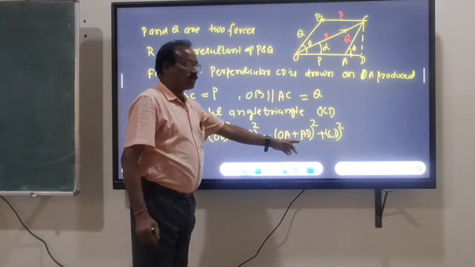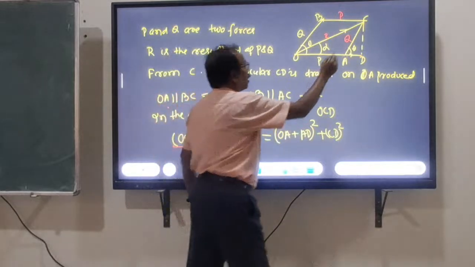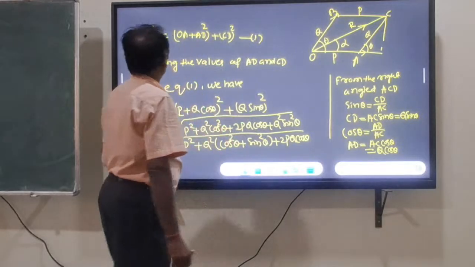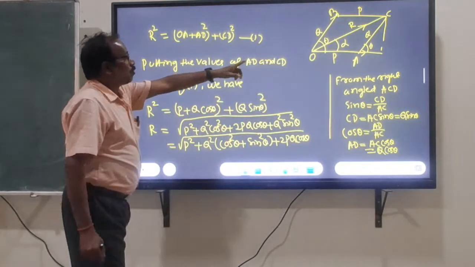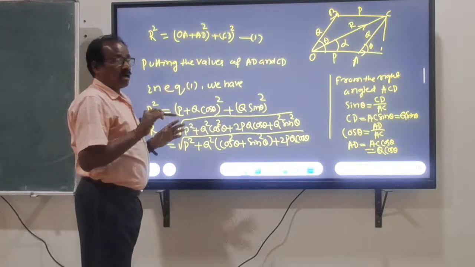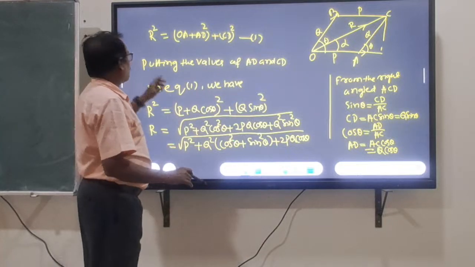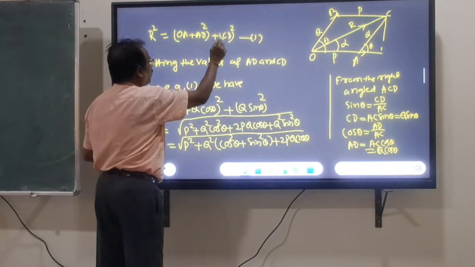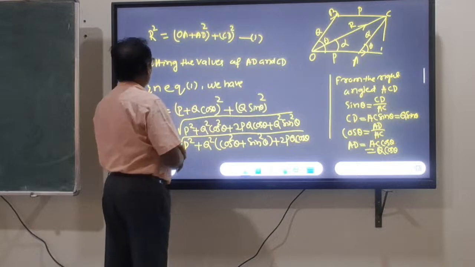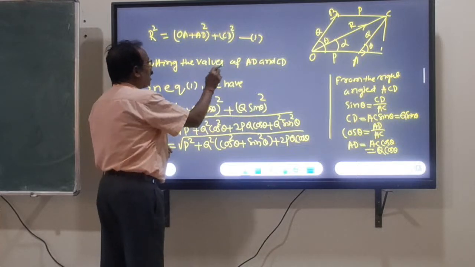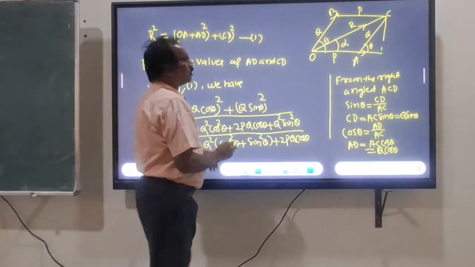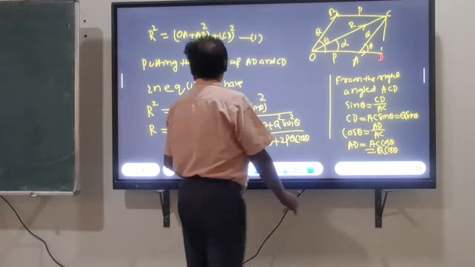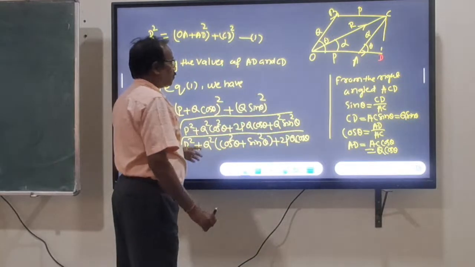Here OA plus AD whole square plus CD square. Then OC is equal to R, that is the resultant of P and Q. Therefore, I am writing R square is equal to OA plus AD whole square plus CD square, equation 1. Now, putting the values of AD and CD in equation 1, we have.